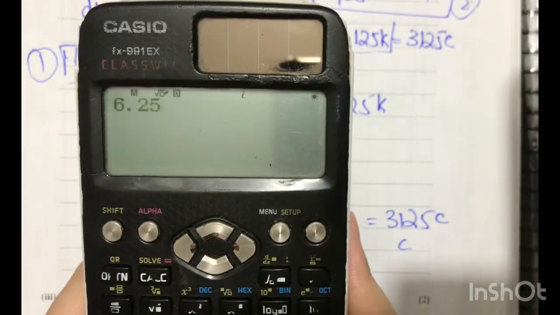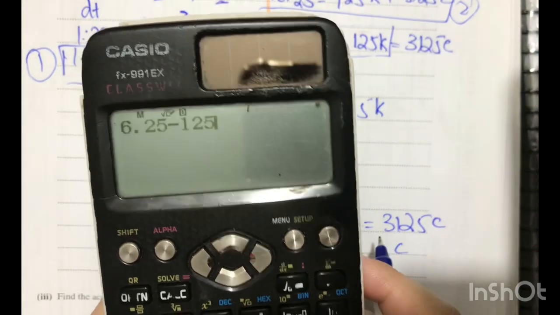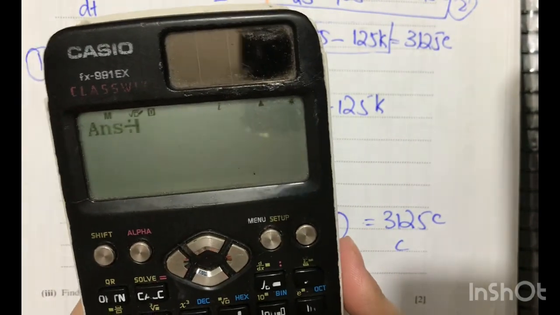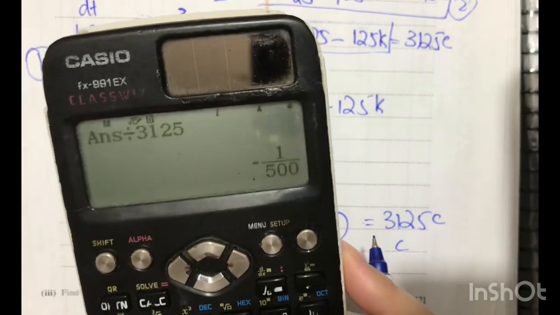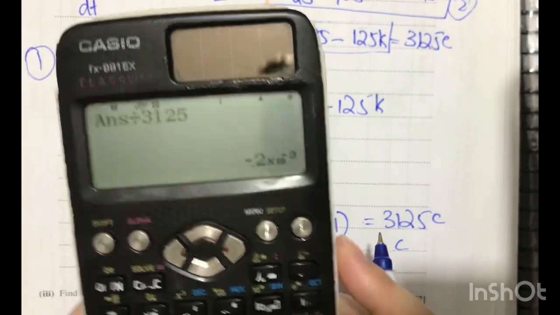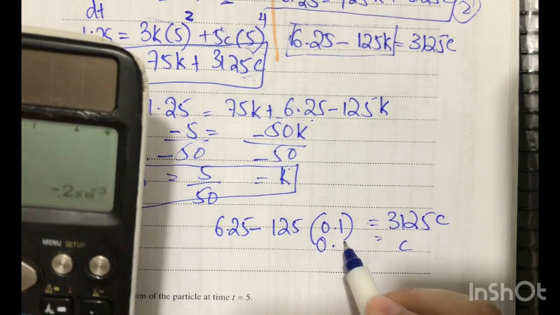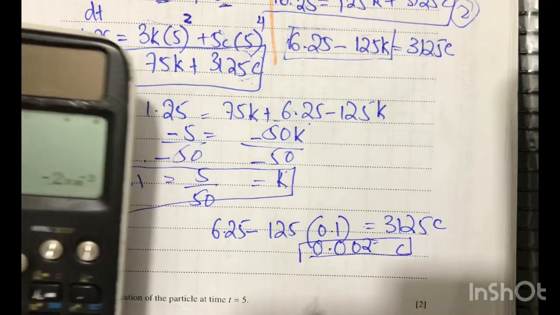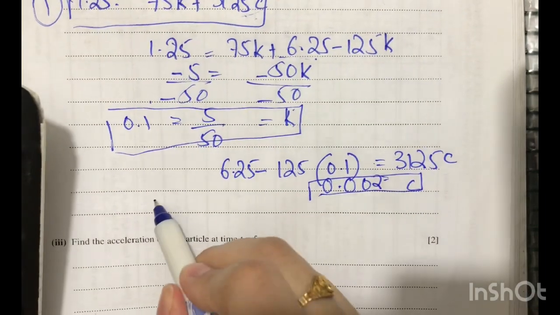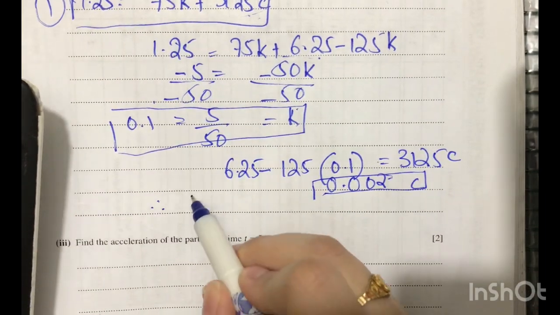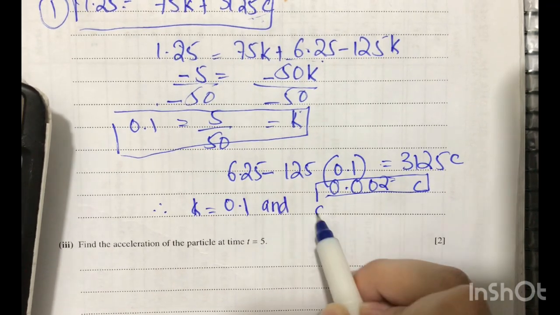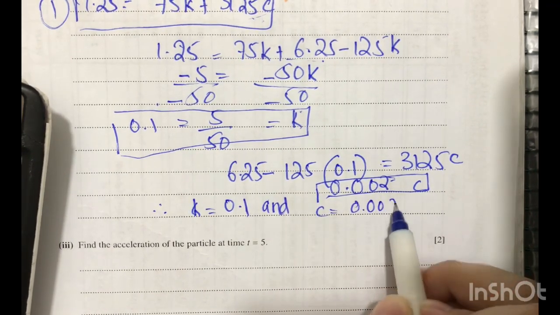So c is equal to 6.25 minus 125 times 0.1, and then you need to divide it by 3125, so it's 0.002. So we write the final statement: hence k is equal to 0.1 and c is equal to 0.002.